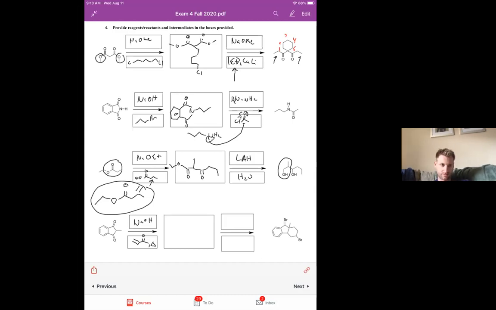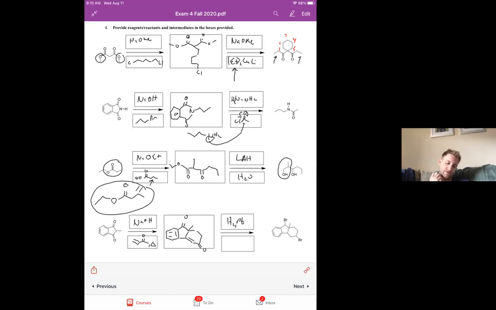This is going to give us the majority of our skeleton. To get rid of all of this, probably the easiest thing to do is add H2.